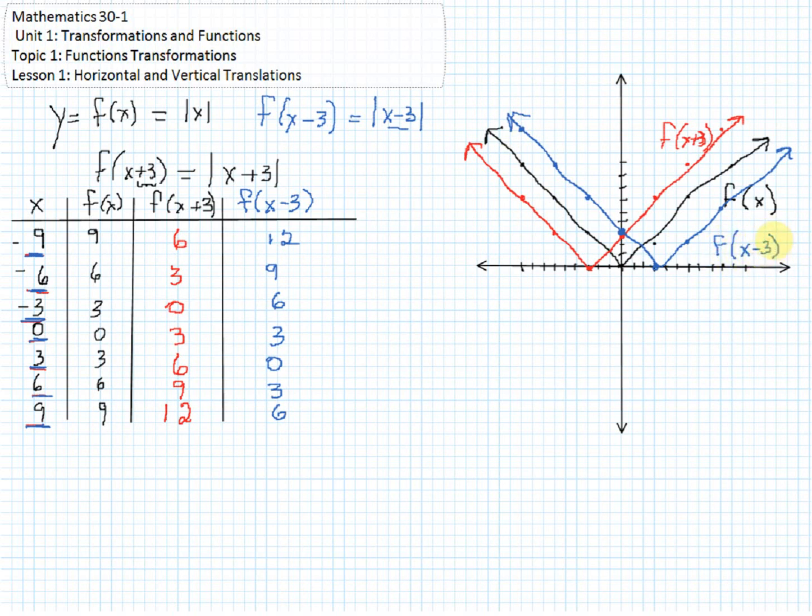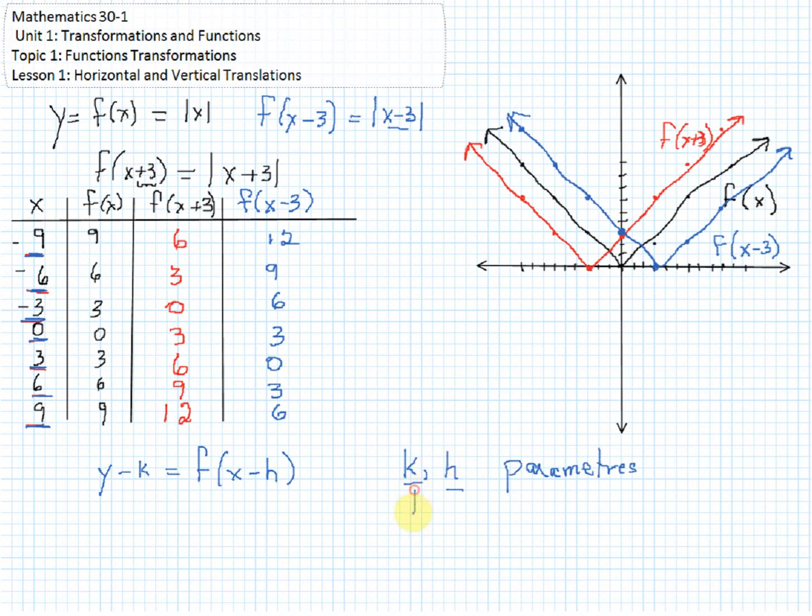So I'm going to, at this point, introduce some variables. If we take our function, we can have y minus k is equal to f of x minus h, where k and h are parameters, and they give us the units of our horizontal and our vertical translation.